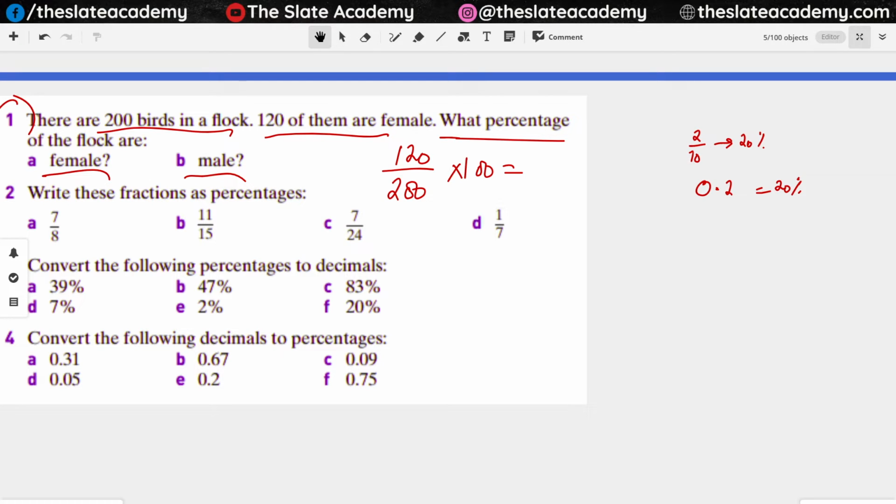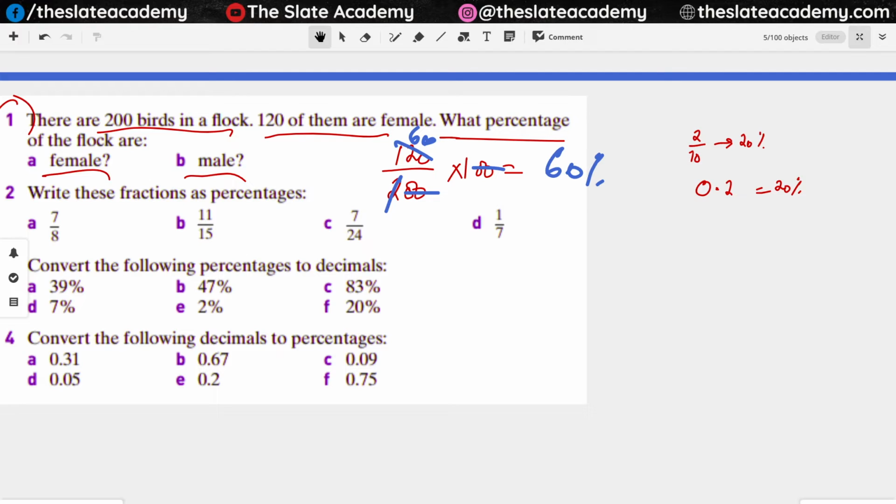Really? I don't think so. It should be 60%. So two zeros, they cancel, two ones are two, two sixes are 12 and 0. So 60 percent would be the answer.